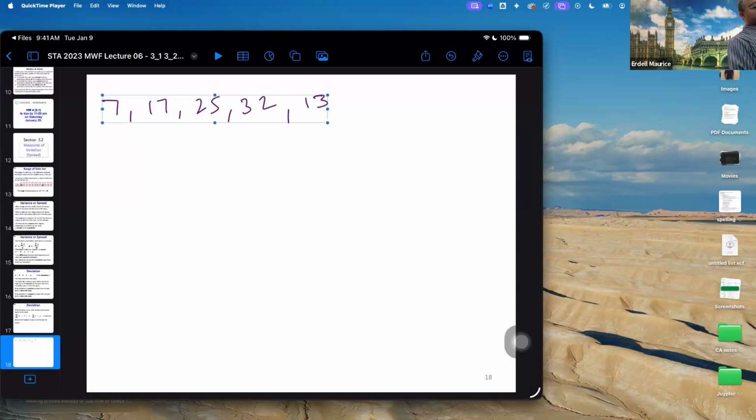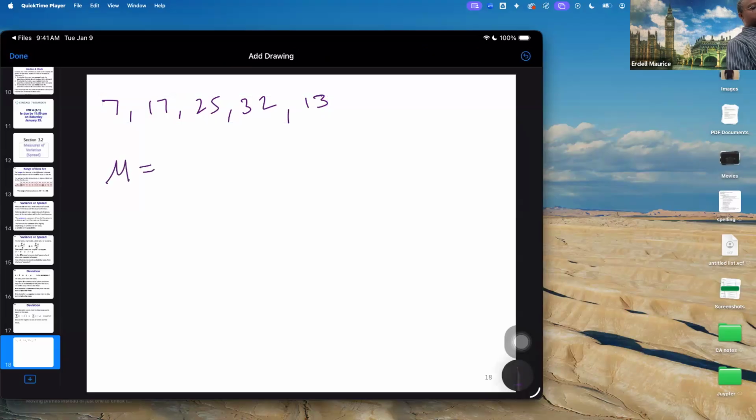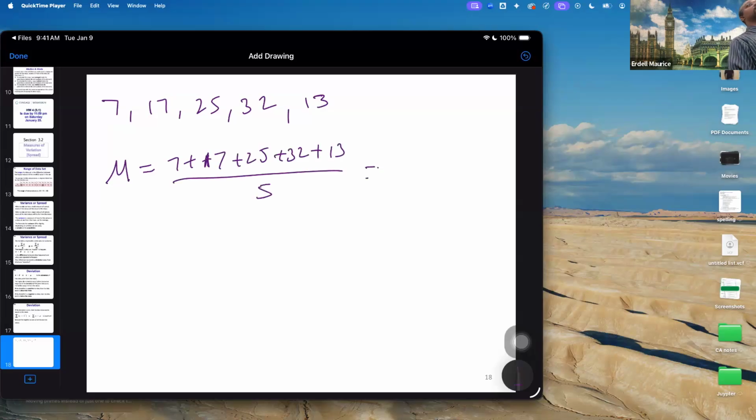So this is going to be mu. Mu is going to be equal to adding all these numbers up, 7 plus 17 plus 25 plus 32 plus 13, and dividing by 5. And the answer we got was 18.8. Yes? Now let's find the deviations for each score.